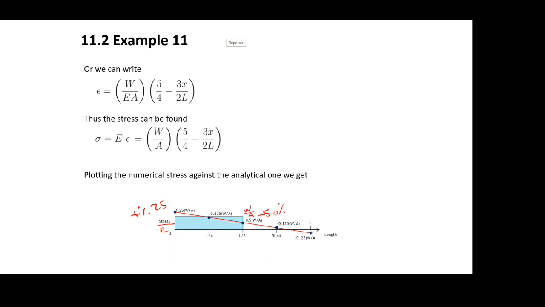And if you look into the tip here, you'll see that the stress at this tip is 0.25 compared to actually it should be 0. So this is a lot different than 0, and it's going to give you some value for the stress that is not there. And this is also correct for the entire other half of this cantilever.